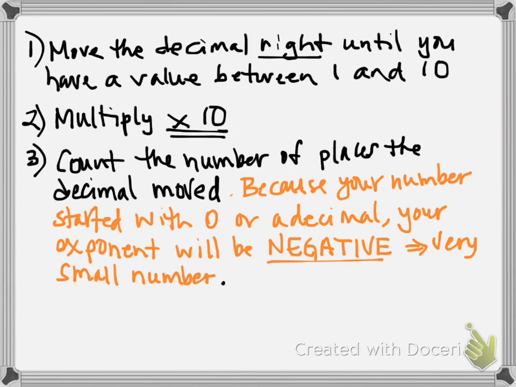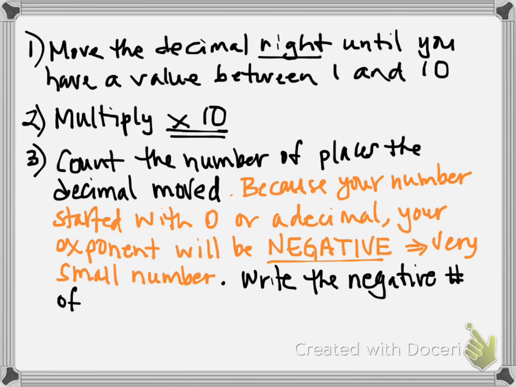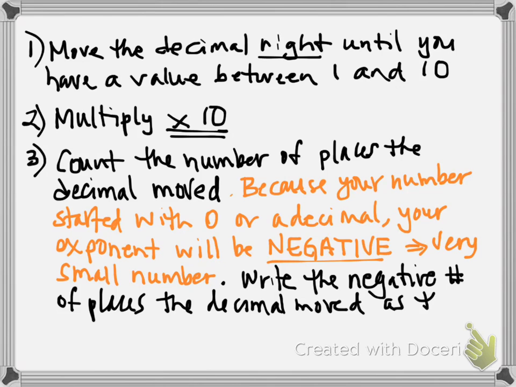So you're going to write the negative number of places the decimal moved as the exponent.